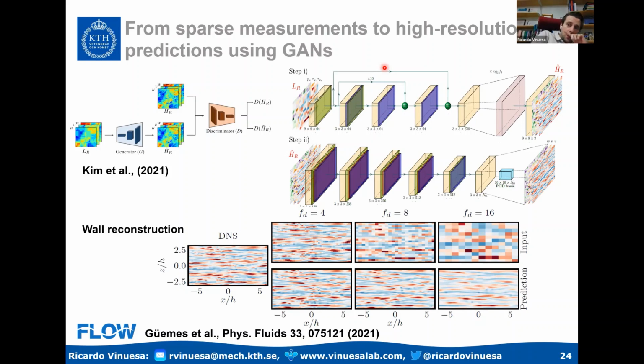And to do that, I consider another architecture, which is what we call the Generative Adversarial Network, GAN. A schematic of this architecture is shown here. This architecture has two parts: one generator and one discriminator. The generator is tasked with producing high-resolution images from low-resolution ones by fulfilling the statistical properties of the reference data.